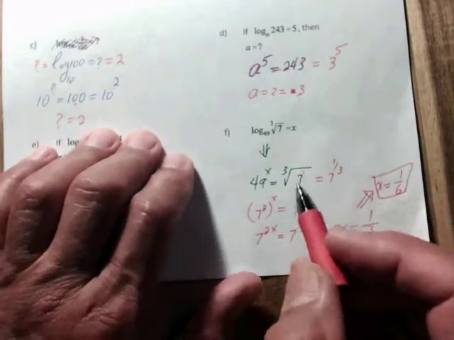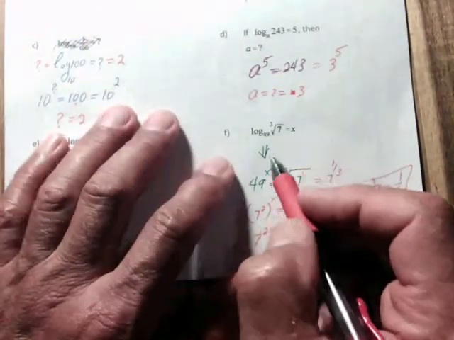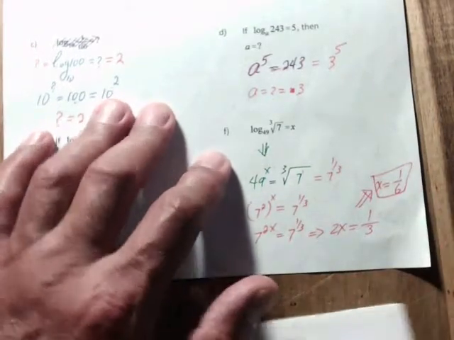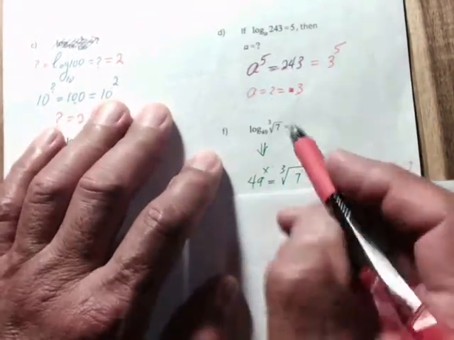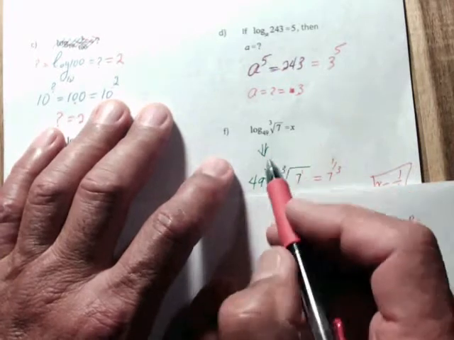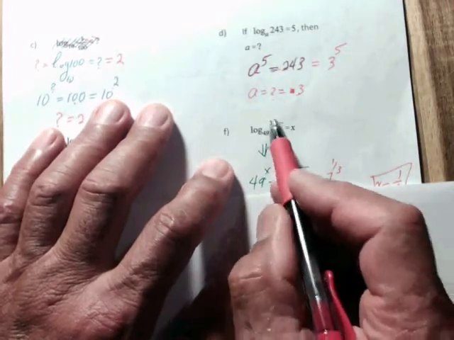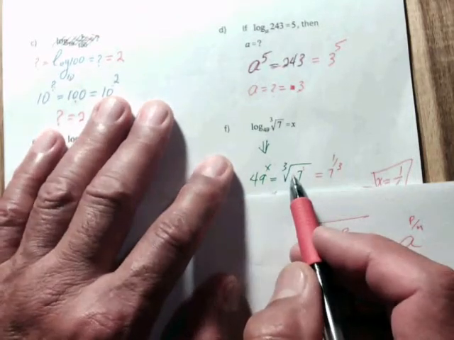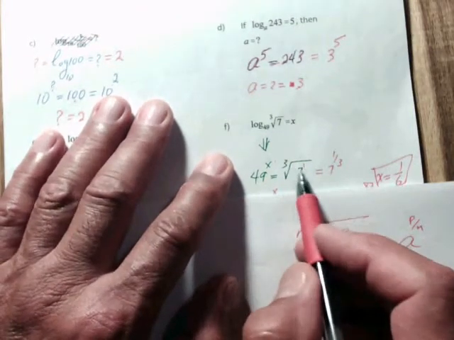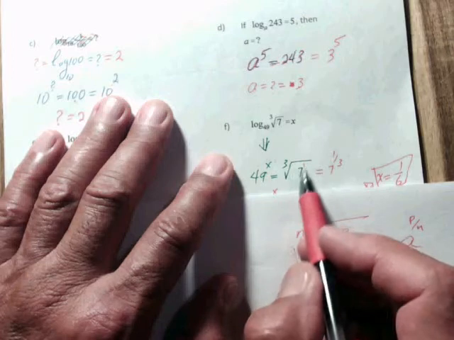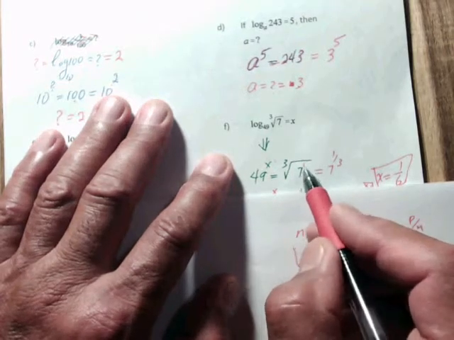So the first thing I do is convert this to exponential. So this 49 base to the power x is equal to the argument. And then I change this argument here, this third root of 7, because 7 is 7 to the power 1.